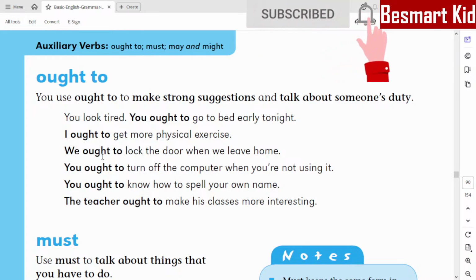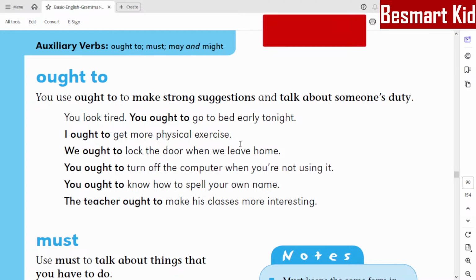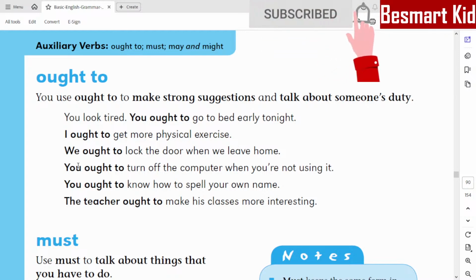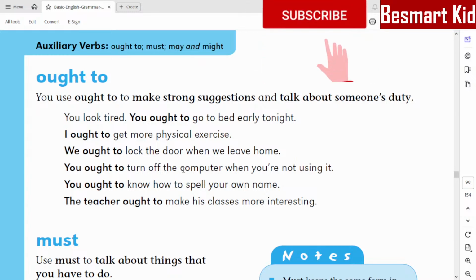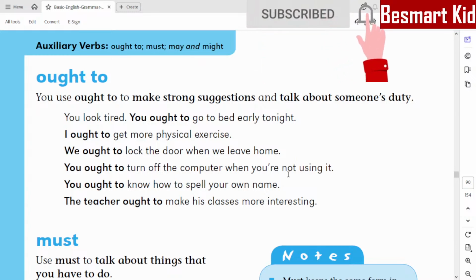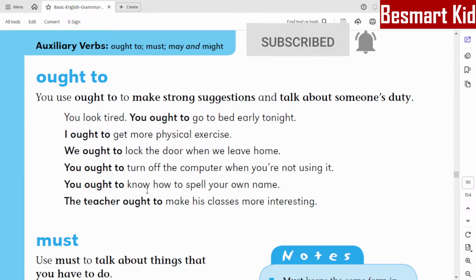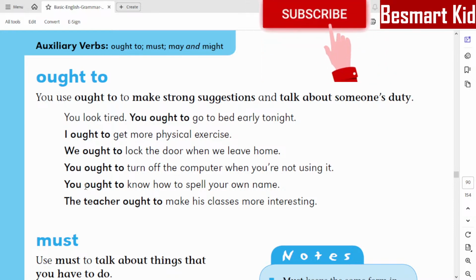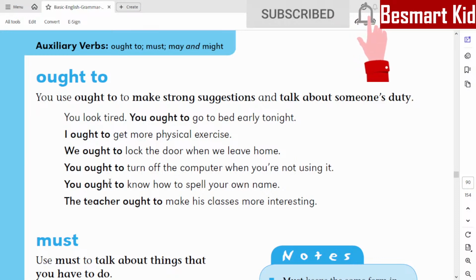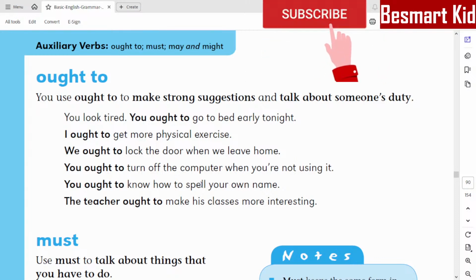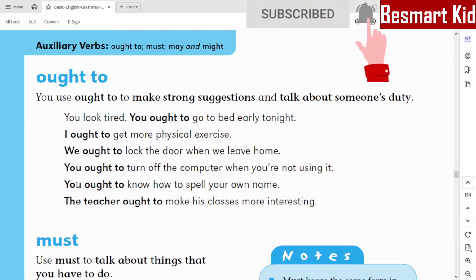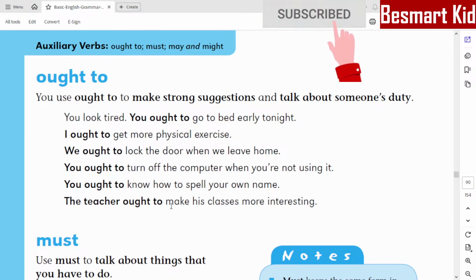We ought to lock the door when we leave home. You ought to turn off the computer when you are not using it. You ought to know how to spell your own name. The teacher ought to make his classes more interesting.